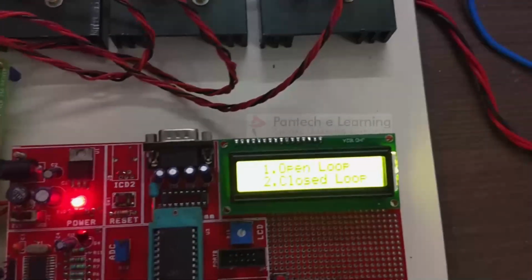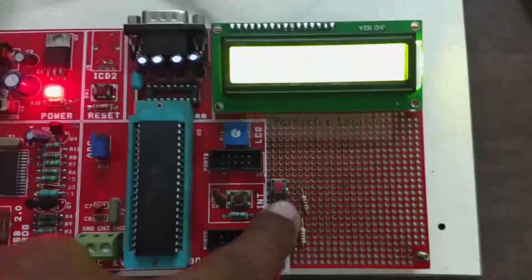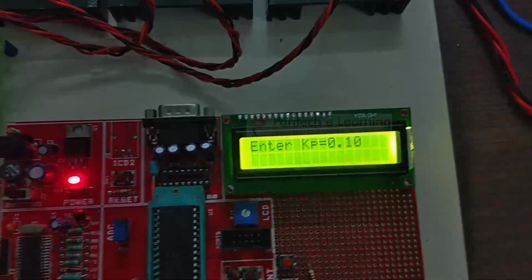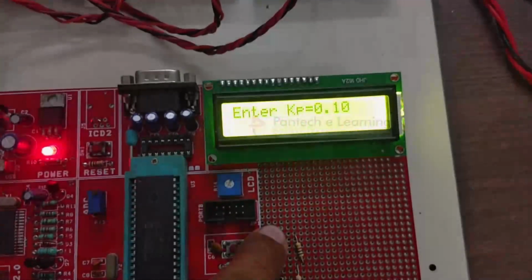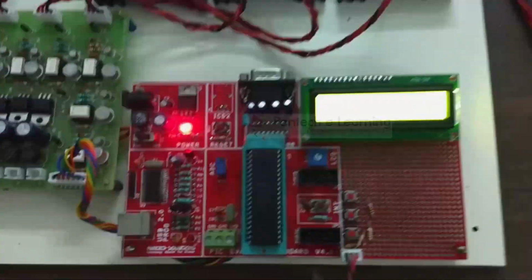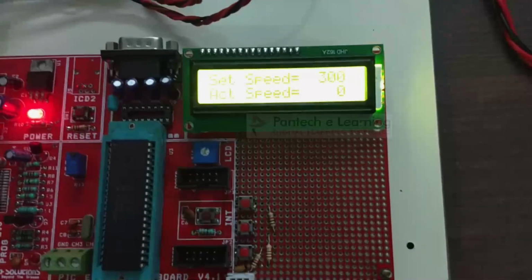Now I am going to select closed loop by pressing the second key. I am pressing enter, entering the KP value, then the KI value. Now the default RPM is set as 300.